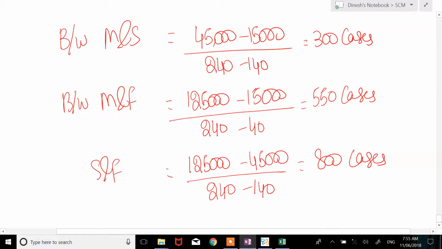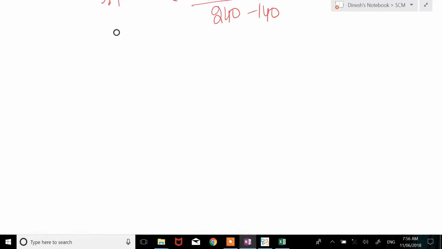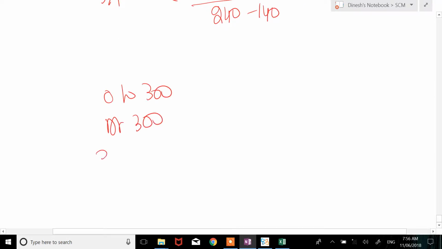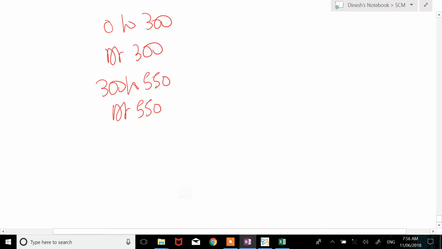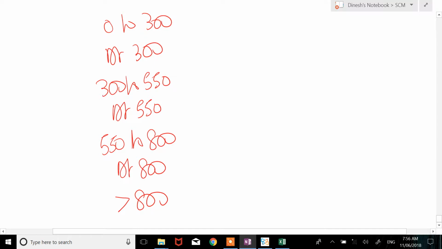You can write level of activity as 0 to 300, at 300, 300 to 550, at 550, 550 to 800, at 800, and greater than 800.